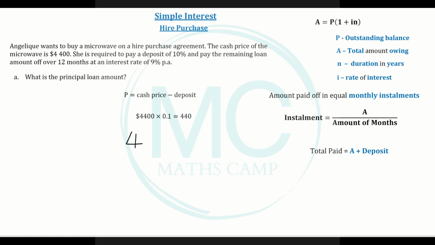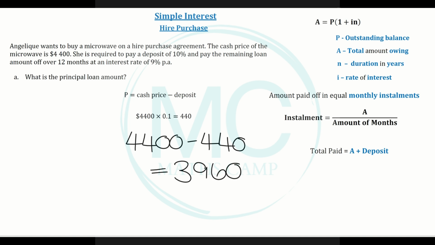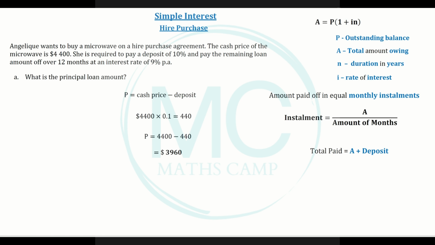So we say 4,400 minus the 440 deposit, and we get an answer of $3,960. This is the outstanding balance after the deposit has been paid, and it is our P value. Now we can move on to part B.